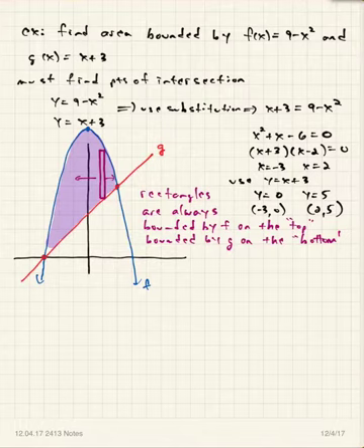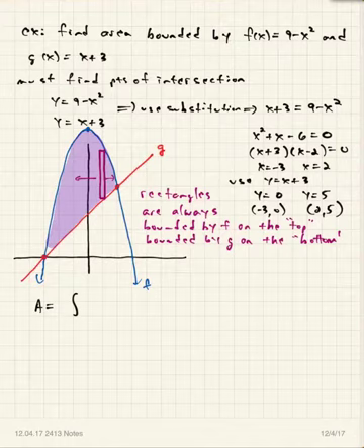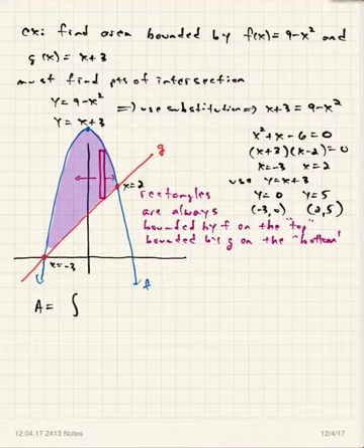Okay, so for now, we just write that the area here is the integral from, and the x values that we're integrating between would be x equals negative 3 and x equals 2. We're just looking at the x coordinates of those 2 points on the left edge and the right edge of that region.